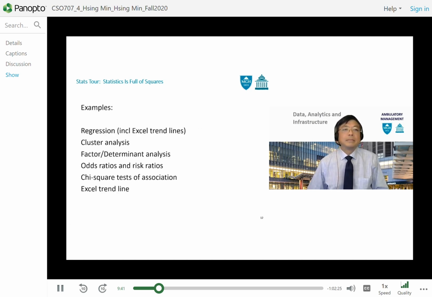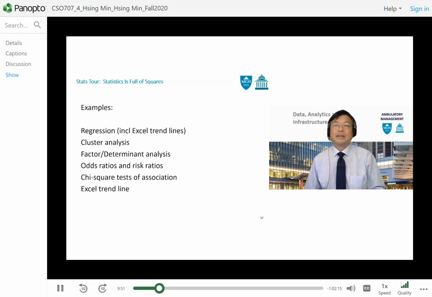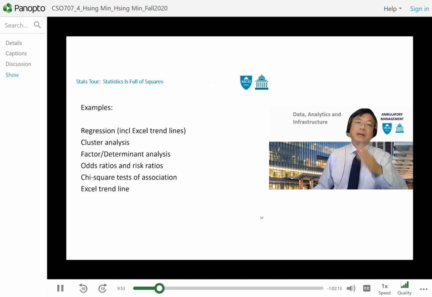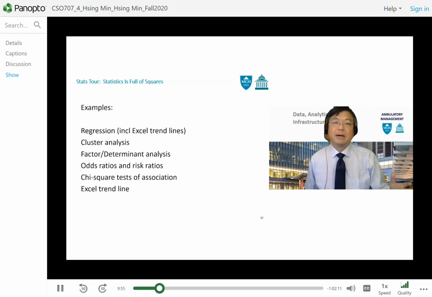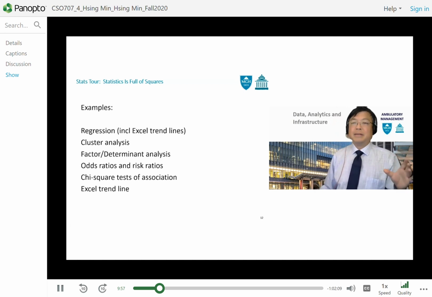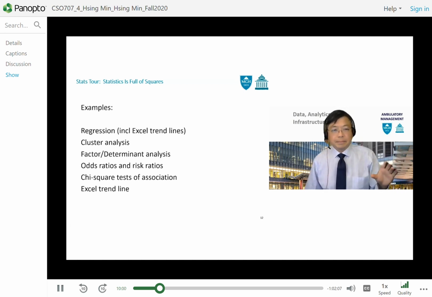Now, this effect influences how we understand many, many things. So regression analysis, including, like if you're doing Excel trend lines, it doesn't matter whether you take linear or whatever, it's still going to be influenced by outliers. It's still going to be minimizing sums of squares and so forth.